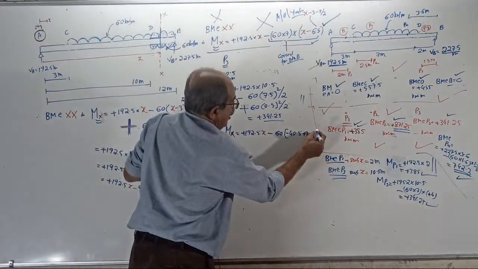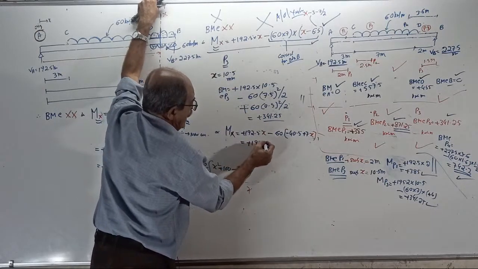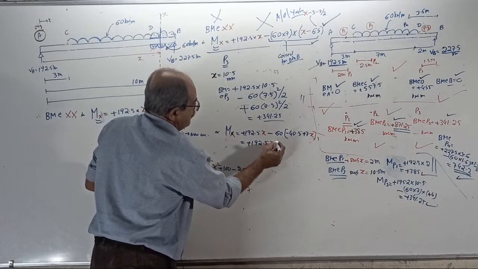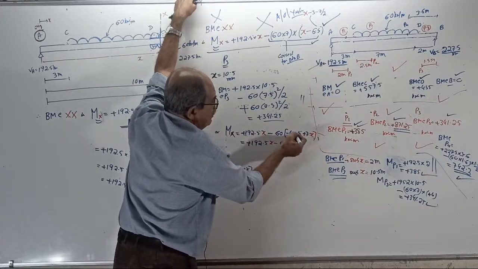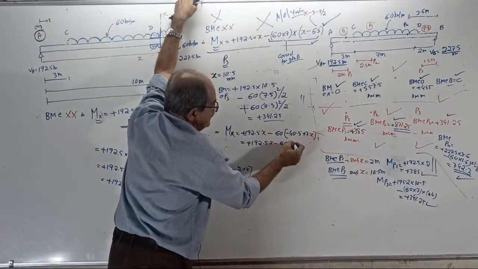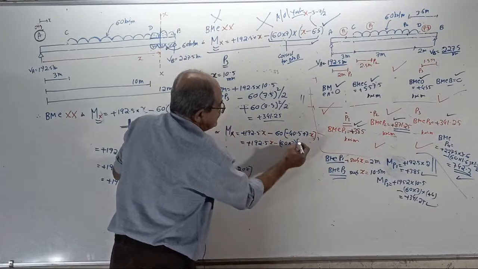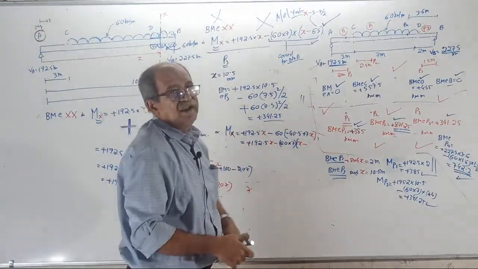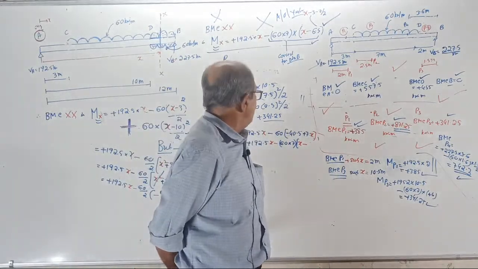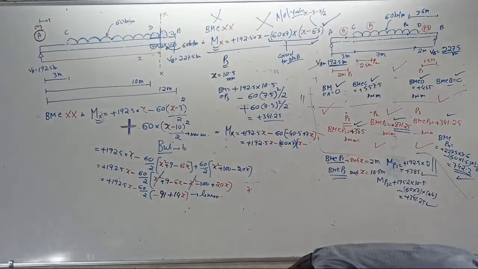Now plus 192.5 into x minus 60, from here I will take 7 outside: 60 into 7 into x minus 40.5 divided by 7. Tell the answer. 40.5 divided by 7.